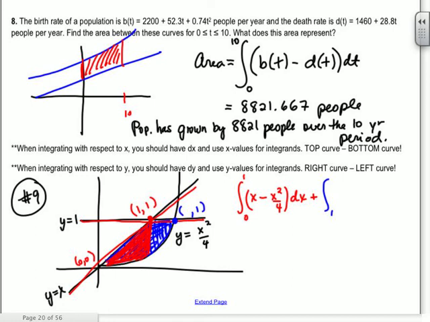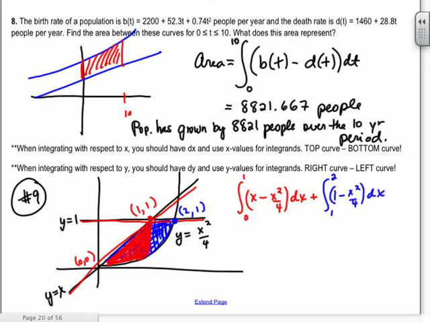Nope, 2. You could solve it if you need to. 1 equals x squared over 4, so 4 equals x squared, so x equals plus or minus 2. It would have to be x equals positive 2. So you're going from 1 to 2. Your top curve is 1, your bottom curve is x squared over 4 dx. And that's what you integrate.